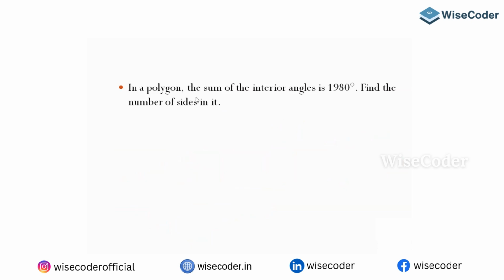This question was previously asked in the TCS exam. Okay. In a polygon, the sum of the interior angles is equal to 1980. Find the number of sides in it. Okay. So guys, actually there is a formula for the sum of interior angles.